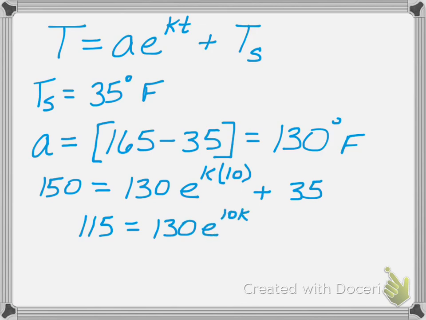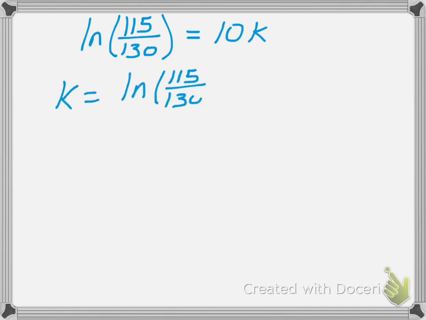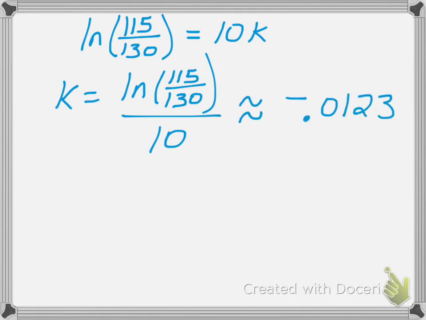Solving for k, we end up finding that k equals the natural log of 115 over 130, all divided by 10. And that is approximately the decimal negative 0.0123. And going out to 3 non-zero decimal places is a pretty good estimate.